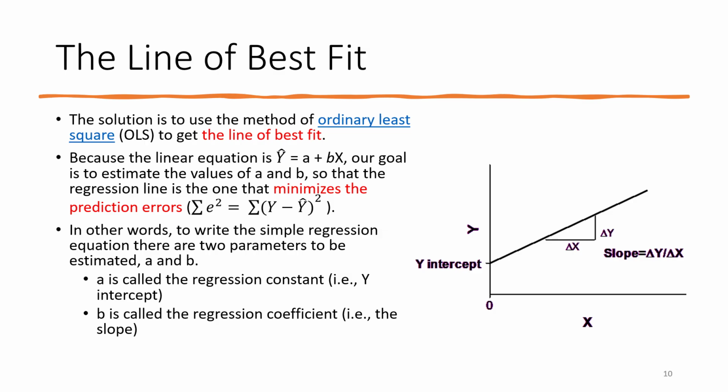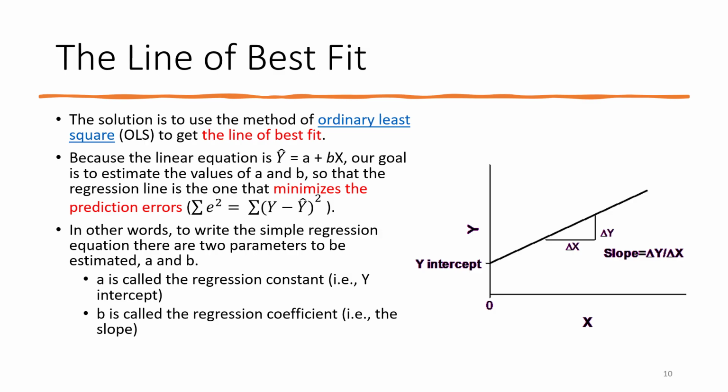Since the prediction errors can be positive or negative, mathematically, what is being minimized is the sum of all squared residuals. Once we have the estimated values for a and b, the line of best fit is identified among all possible candidates.